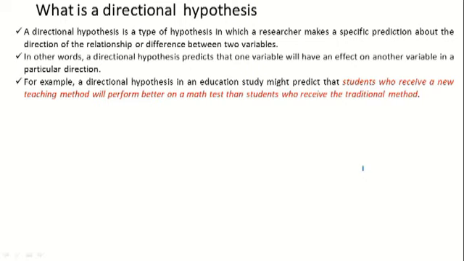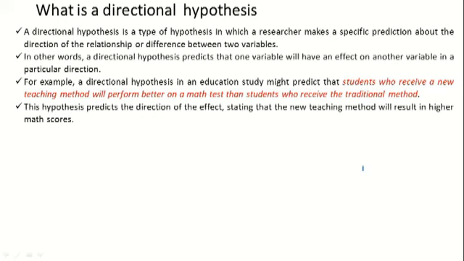For example, a directional hypothesis in an education study might predict that the students who receive a new teaching method will perform better on a math test than the students who received the traditional method. The hypothesis predicts the direction of the effect, stating that the new teaching method will result in higher math scores.